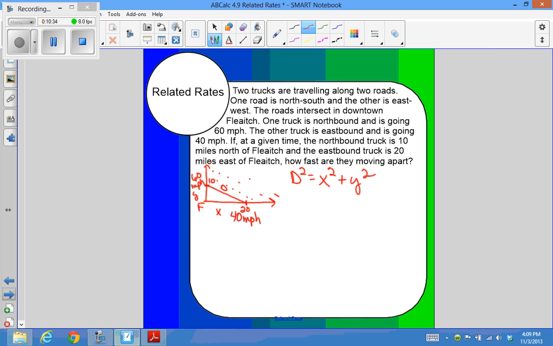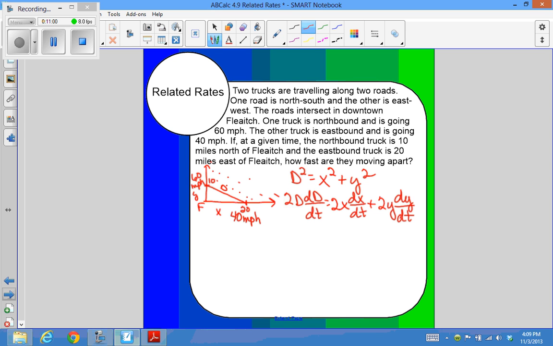Take your derivative, no problem. 2D dD/dt equals 2x dx/dt plus 2y dy/dt. You can do that, not a problem. It's just the Pythagorean theorem and then taking a derivative, which you're good at.